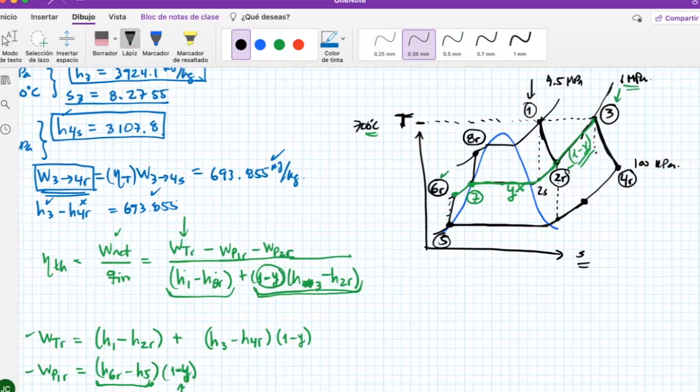If this was a perfect turbine, it would get to 4S. But that's not what I have. So it just got to 4R. For this 4R, I'm located at 100 kilopascals, and this one over here is found by using the efficiency of the steam turbine. I'm located at 100 kilopascals and superheated vapor.